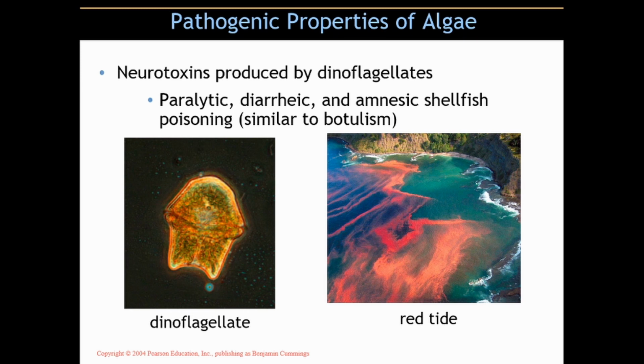And even if the red tide is concentrated enough, because of the wave action and the aerosol spray of the water, the toxins can be liberated into the air, and people can breathe these toxins in, which can lead to respiratory illness as well. So, anytime red tide is near, stay away from the red tide. Not only do not go into the water, obviously, but don't go near the water because of the aerosol transmission of these toxins being released into the air.